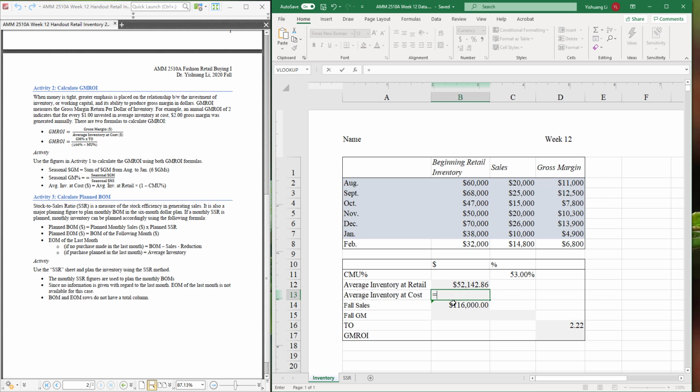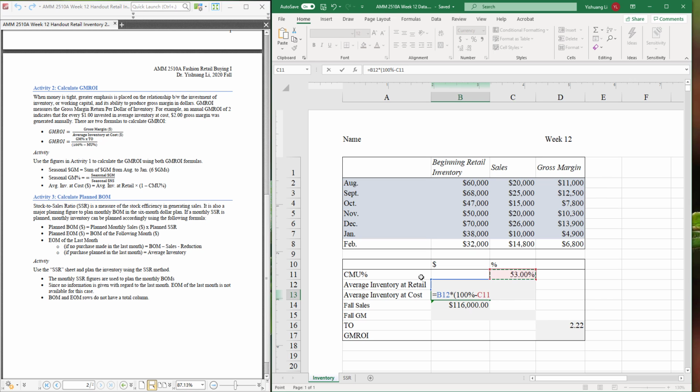So the formula would be: we take the average inventory at retail and multiply it by 100% less the markup percentage, and this number would be the cumulative markup percentage instead of a planned number.